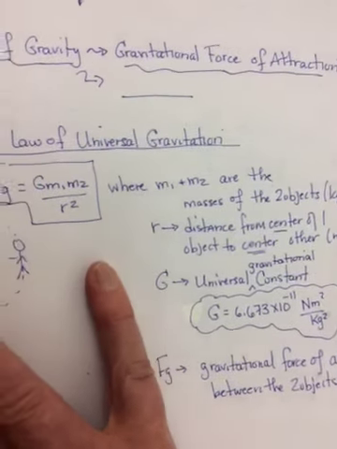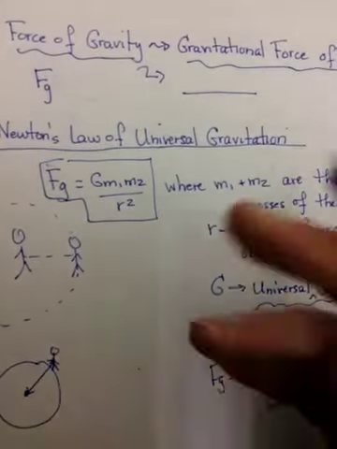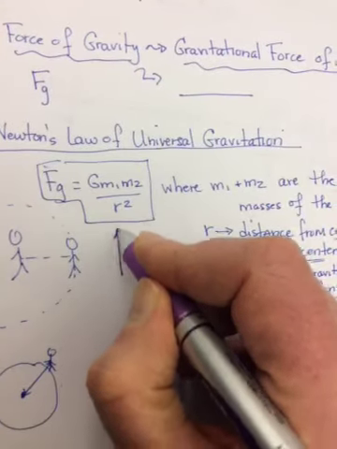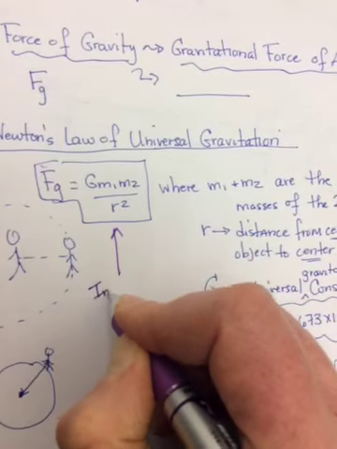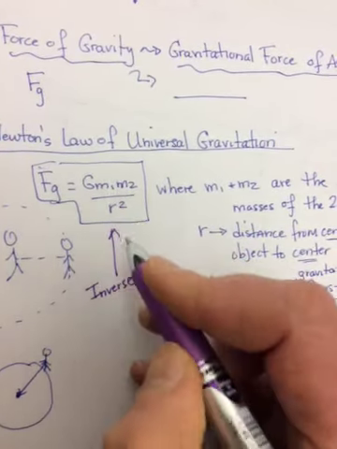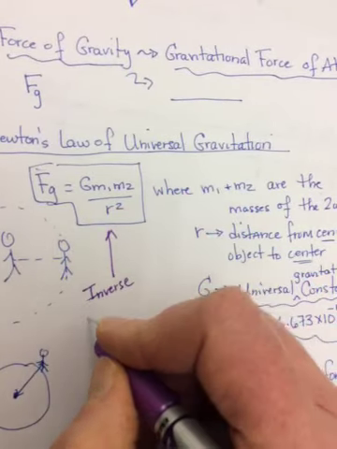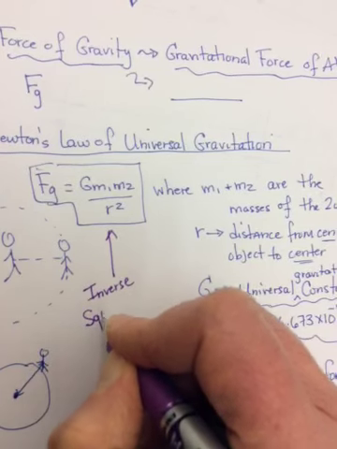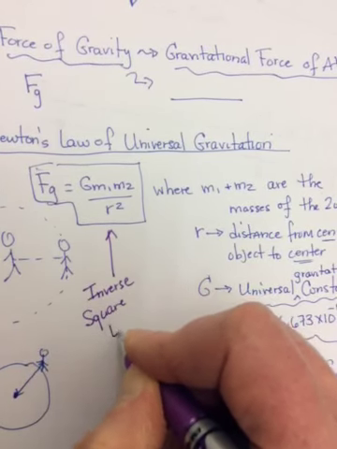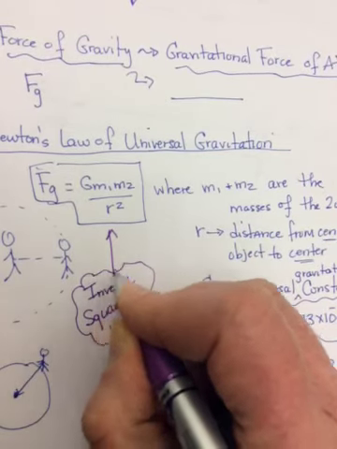Now, if you look at this equation, just as a little aside, it's called an inverse square law. When you go on into grade 12 physics, you'll see it in electricity, and in Science 12.2 you'll see it there too.